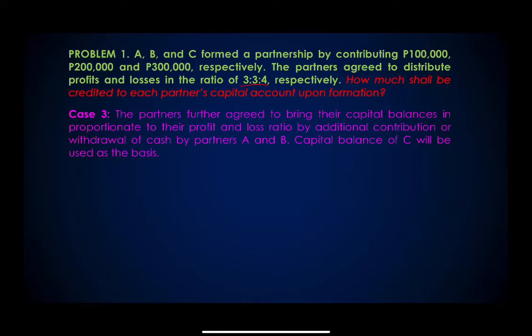So to account for this one, partner A, B, and C total. So again, 100,000, 200,000, and 300,000. A total of 600,000. Since we're going to use the capital balance of C, 300,000, the amount to be credited by C will be the same.